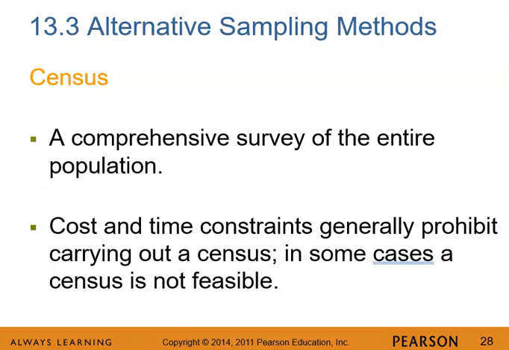Census is a comprehensive survey of the entire population, and normally every 10 years or every 5 years the government wants to survey and get data from the whole population and learn how the population is changing, how the gender, race, and age of people are changing, their income, their locations, and this way they can have better management for the country. So cost and time constraints generally prohibit carrying out a census.